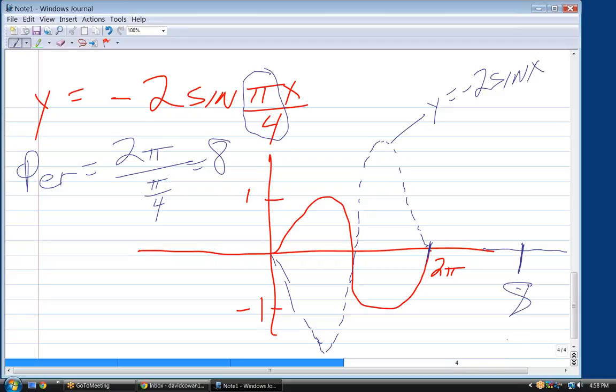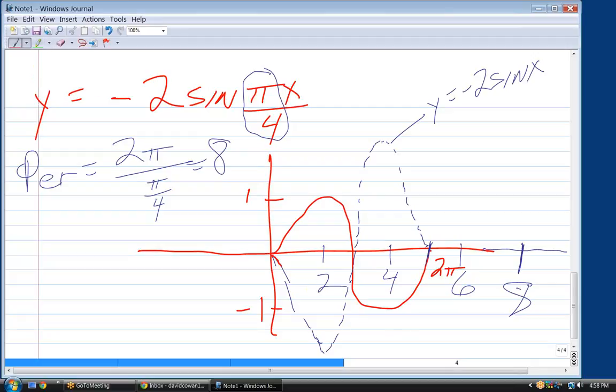Yeah. So we make that 8, make that 4, make that 2, make that 6, and draw this blue dotted curve through all of those points. In other words, let me do this in red.